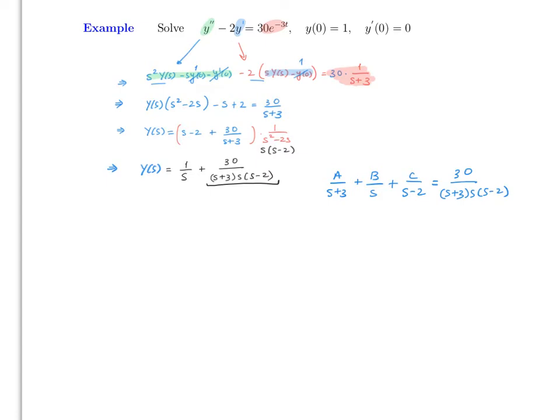Then we're going to do the same trick we did in the last two problems. So you multiply everything by the LCD, you will end up with a times s minus 2 plus b times s plus 3 times s minus 2 plus c times s plus 3, and this has to equal 30.